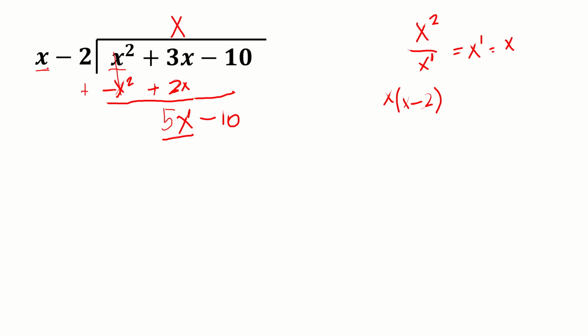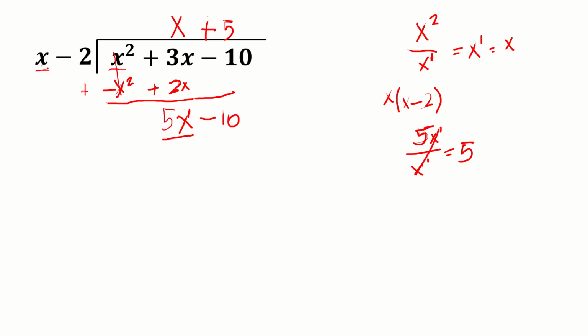So we will have 5x divided by x equals, so x over x, so this 1 minus 1, so mag-cancel out, matitira is 5. So plus 5. Then, multiply ulit pababa.